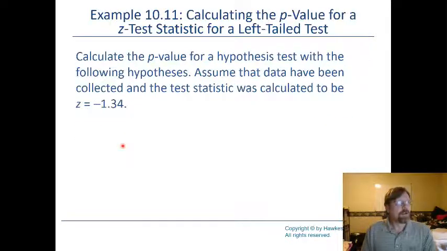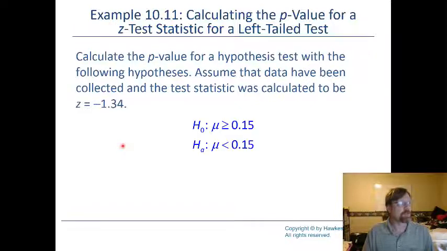Okay, so we want the p-value for a hypothesis test with the following hypotheses, which they'll show you there. Let's assume the data was collected and the test statistic for our data is negative 1.34. Our null hypothesis is that the mean is greater than or equal to 0.15.